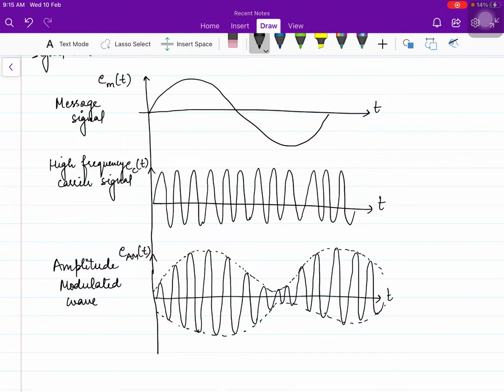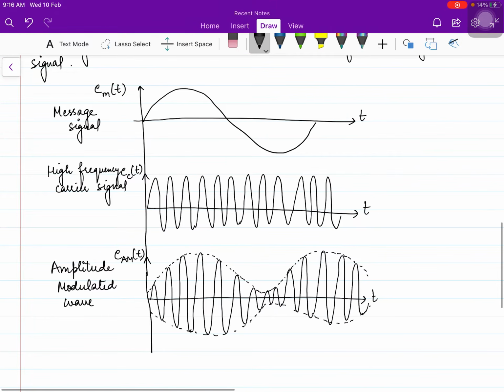That is the meaning of instantaneous value of the message signal. At a particular instant, whatever the value of the message signal, according to that value the amplitude of the carrier will change. Only the amplitude changes; the frequency and phase remain constant. Therefore, we have drawn the same frequency as that of the carrier signal. So this is an amplitude modulated wave, and this is how we draw the waveforms.